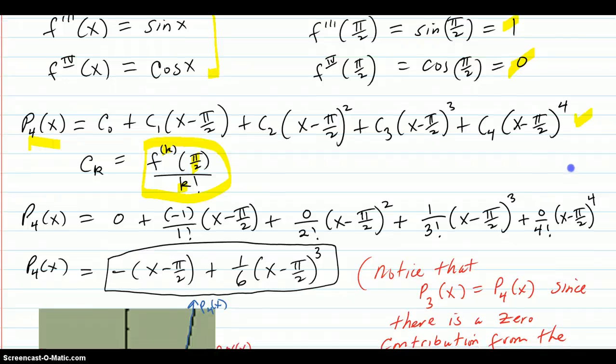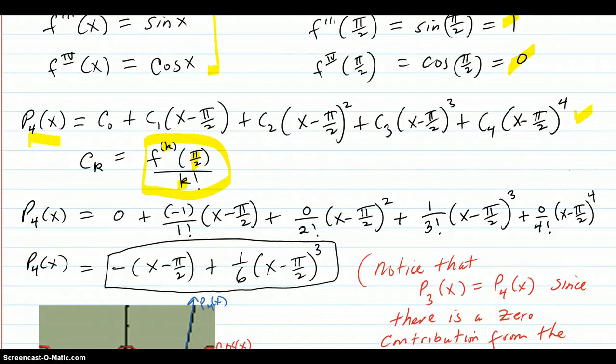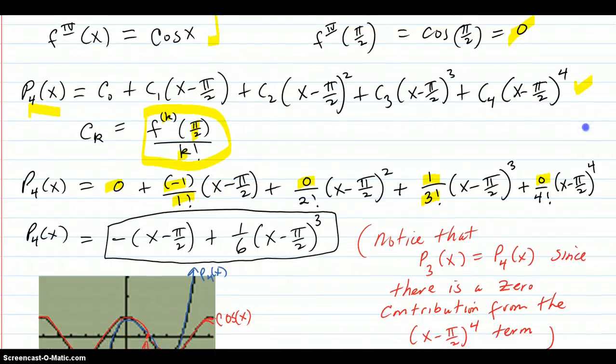So then, plugging everything in, we have here the 0 that we noticed, 0 and the 0, and we have our negative 1 and our 1 and our factorials down here like this, and based on x minus pi over 2, since the polynomial is to be centered at pi over 2. So then that all just works out to this one right here.